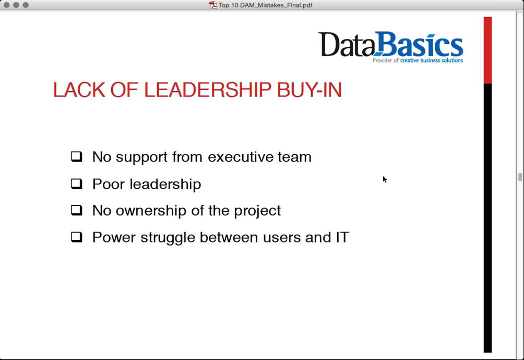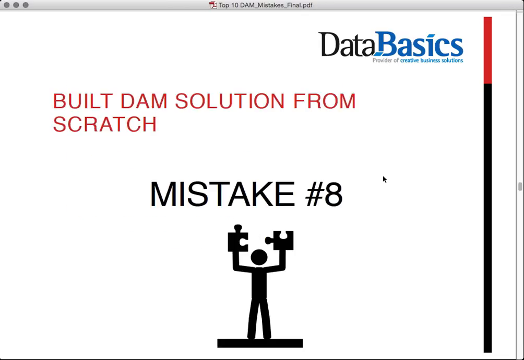The type of things that people raised here were internal politics, no champion to get new resources when needed, no executive sponsorship to complete project, ownership of the DAM project. Something that we see in day-to-day life is that the ownership of a DAM project is very poorly understood in many organisations. Okay, so that wraps up the 3 general project mistakes.